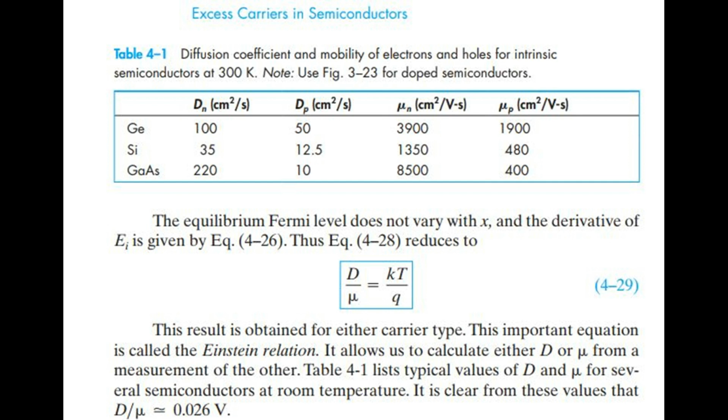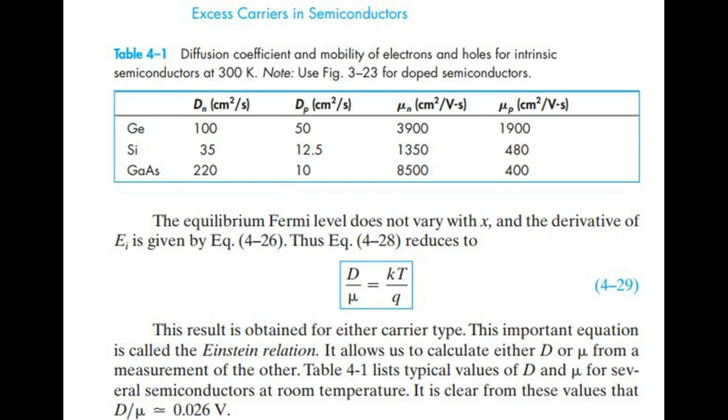Electron mobility in silicon 1350 cm²/V·s. Hole mobility in silicon 480 cm²/V·s. Electron diffusion coefficient in gallium arsenide 220 cm²/s. Hole diffusion coefficient in gallium arsenide 10 cm²/s. Electron mobility in gallium arsenide 8500 cm²/V·s. Hole mobility in gallium arsenide 400 cm²/V·s.